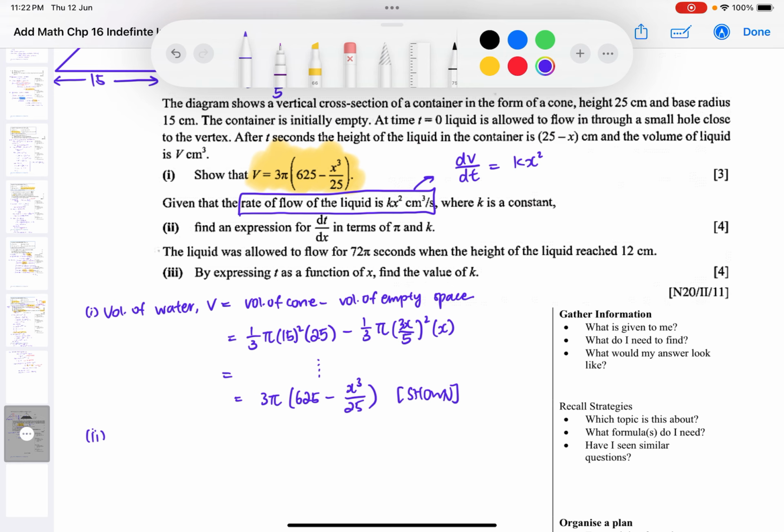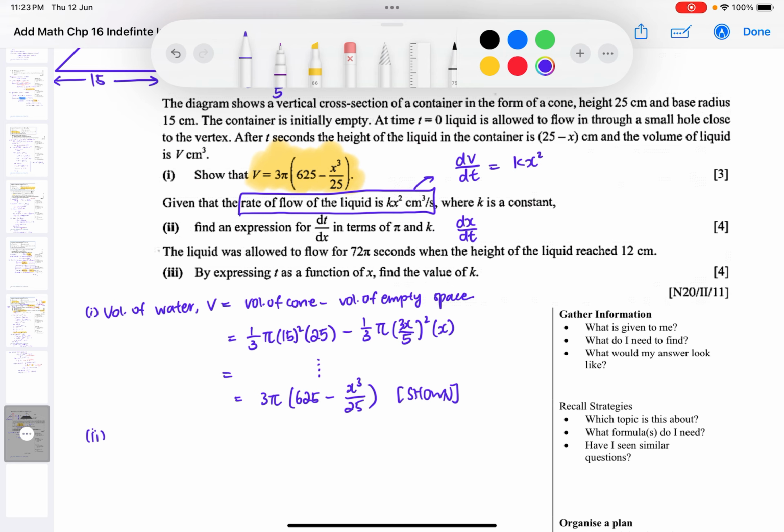Find an expression for dt over dx in terms of pi and k. Right, so now they want dt over dx. Usually we find dx over dt, but the dt over dx is just the reciprocal of it, so it doesn't matter. So we can find this, then we just take the reciprocal.